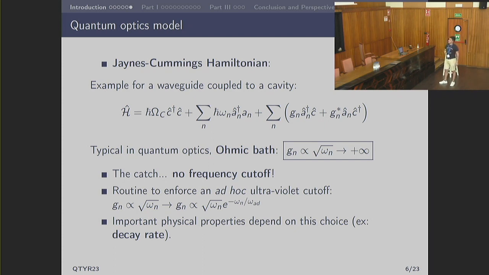As I was saying, for this kind of Hamiltonian in quantum optics, it is typical to consider what we call the ohmic bath hypothesis, for which your coupling strength is going to evolve as the square root of your frequency. But as you can see, there is a pitfall, which is that it would mean having a coupling strength diverging, which is why it is routine in quantum optics to enforce an ad hoc ultraviolet cutoff.